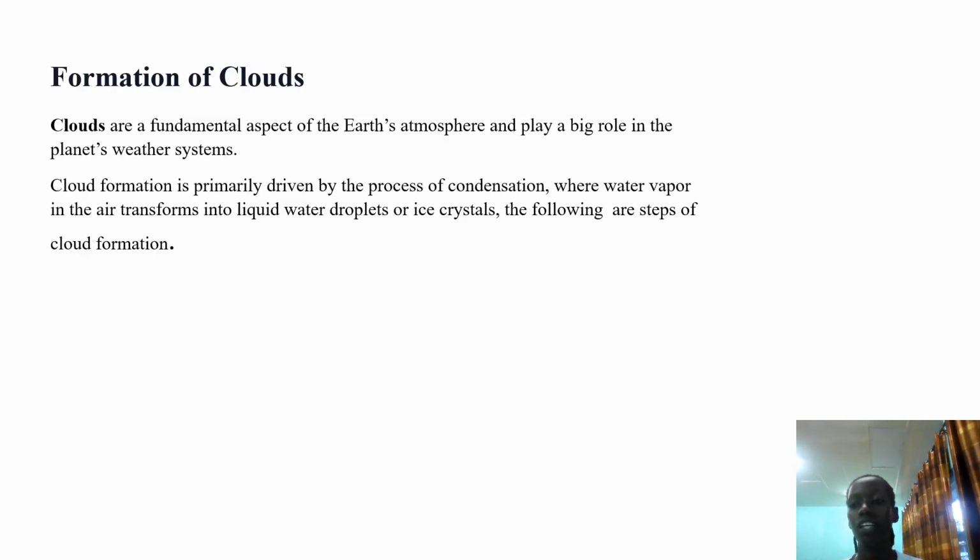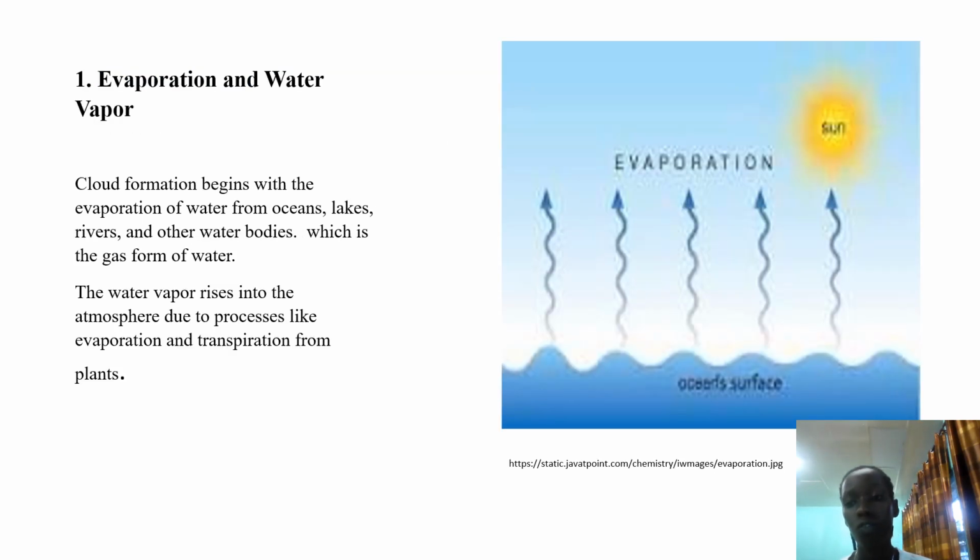The second topic we are going to look at is the formation of clouds. Clouds are formed in two main steps. The first is evaporation. Evaporation is when the sun hits the Earth's surface or water bodies like oceans, seas, rivers, and many other water bodies.